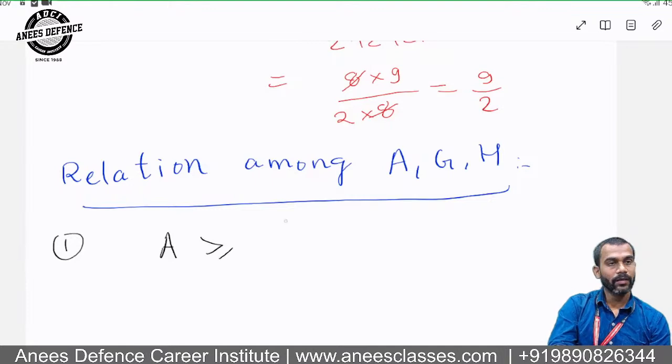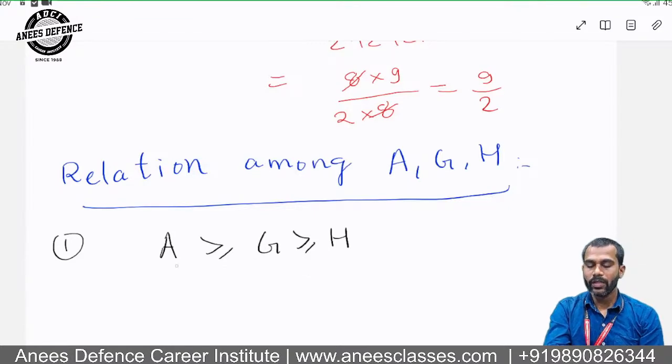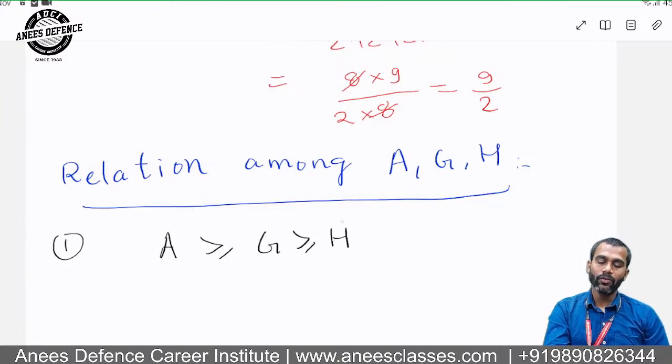A is always greater than or equal to G is greater than or equal to H. This is a very important inequality. So many questions you can solve. Yes or no? So this can be used to find minimum and maximum value as well, or you can say a range of functions.